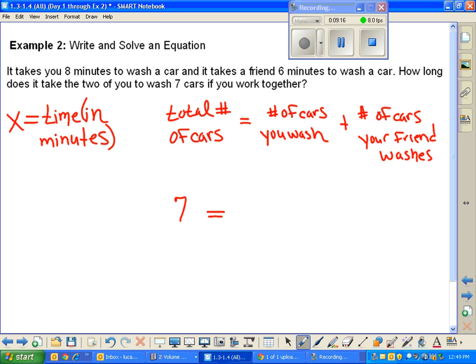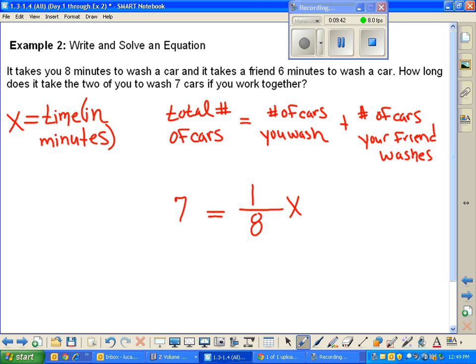Okay. I'm going to do the number of cars you wash. It says it takes you 8 minutes to wash a car. So if we want to figure out the number of cars you're able to wash, you wash 1 car every 8 minutes.